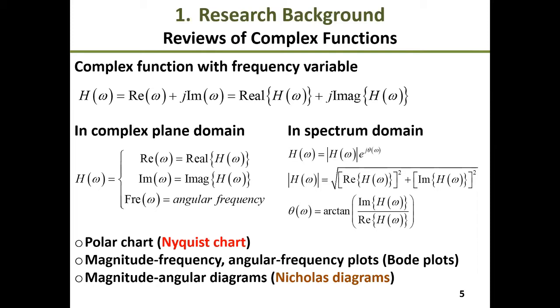We use the polar chart or Nyquist chart to express the transfer function in a complex plane, and also now I think all of you already know the Bode plot. In another way, we can combine the magnitude frequency plot and the angular frequency plot into one diagram, which is called Nichols diagram.